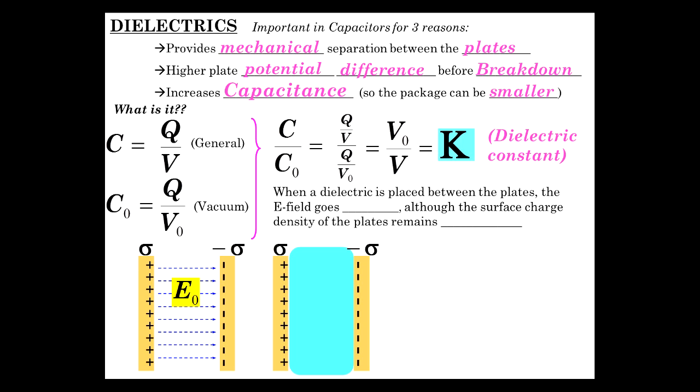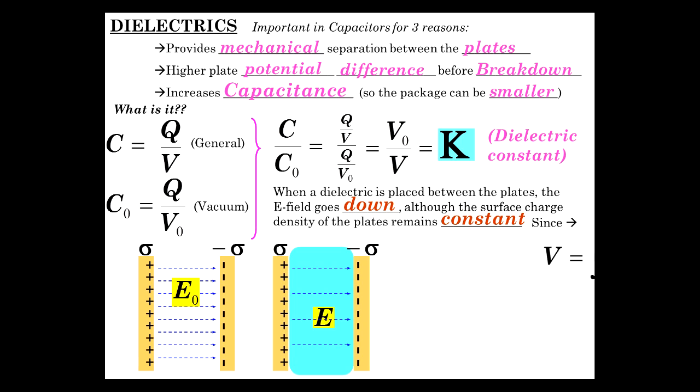Now what happens? I'm just going to tell you what happens, then I'll explain it. E field goes down. You say, what? What about the surface charge density? Did it decrease? Nope, stayed the same. But yet the E field goes down. So let's write it in there. There is the new E field. Less lines, right?